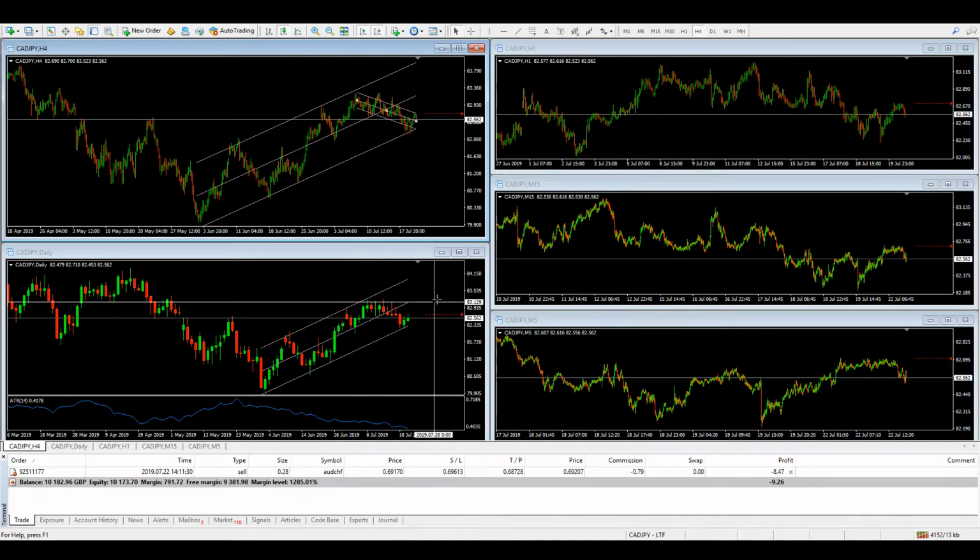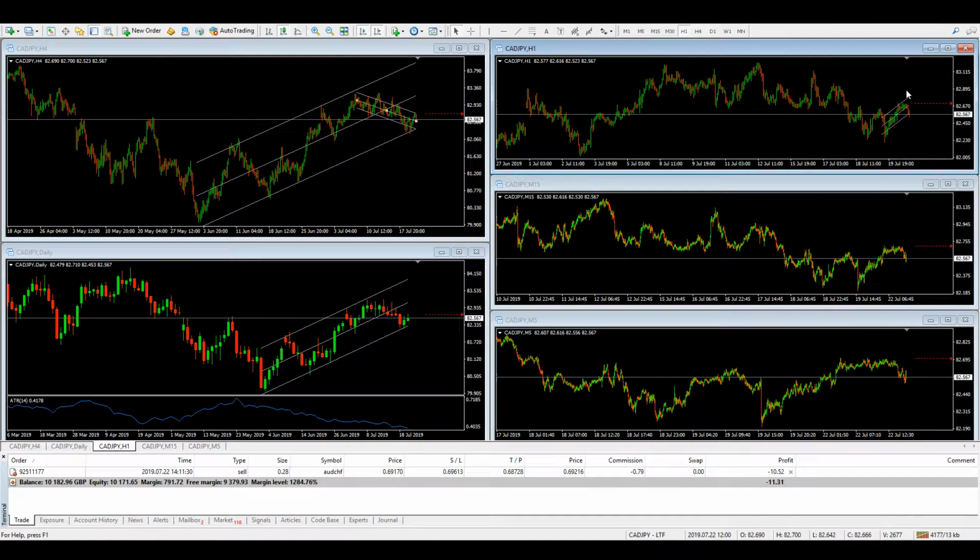So I'm bullish on this, but it's not quite right. I would need to see the price break past these highs, or these highs here, same thing, and ideally pull back and see better value for money. So one way you could play this is to watch this level to see it break and then pull back and find support off of the lower edge of a standard deviation channel.